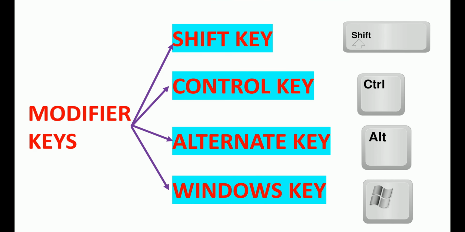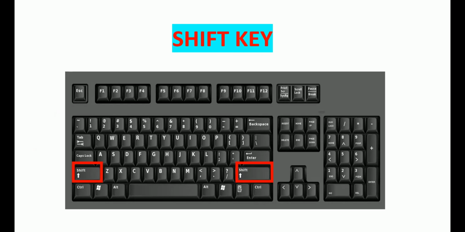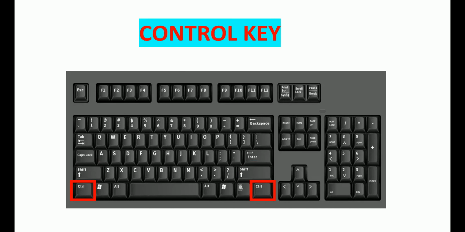Modifier keys. There are 4 modifier keys: Shift, Control, Alternate, and Windows. A modifier key works in combination with other keys to do various activities. The Shift key is used to make capital letters, or to access the punctuation, and other symbols on the number keys, and other keys. The Control key is used in combination with other keys, as shortcuts for menu commands.